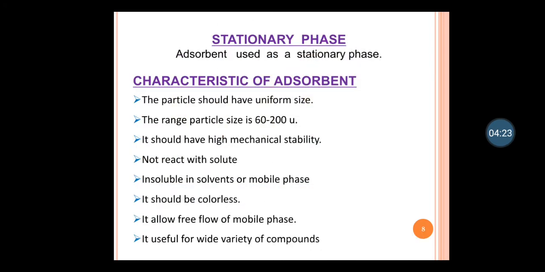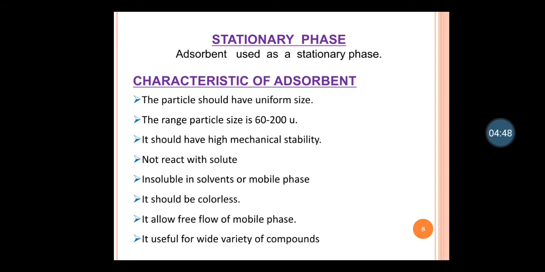Next, the important step is selection of your stationary phase. Usually the adsorbent is used as the stationary phase. This adsorbent has the following characteristics. The particles should have uniform size, with a particle size range of 60 to 200 micrometers.